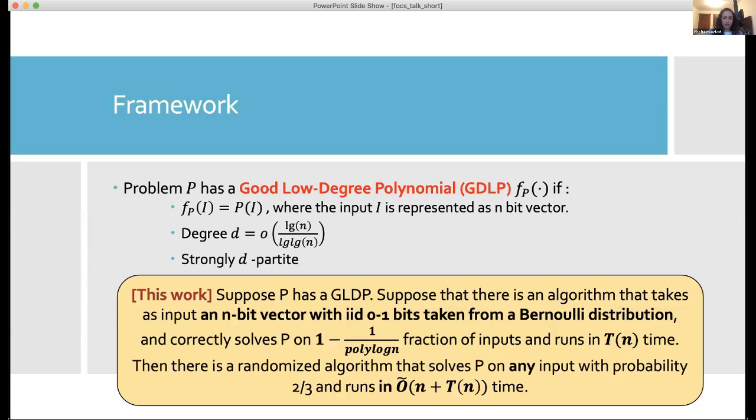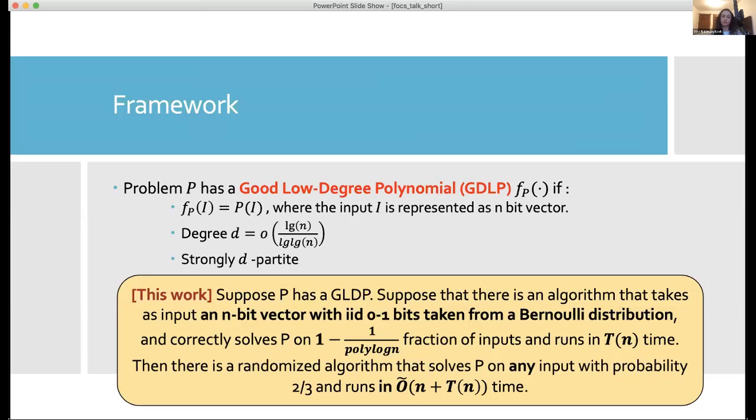So then we have this theorem that is basically our framework. Suppose that the problem P has a good low degree polynomial, and suppose that there is an algorithm that takes as input an n-bit vector with IID 0, 1 bits taken from a Bernoulli distribution. So this is our random input. And suppose that this algorithm correctly solves P on a 1 minus 1 over polylog fraction of inputs, and suppose that it runs in T(n) time.